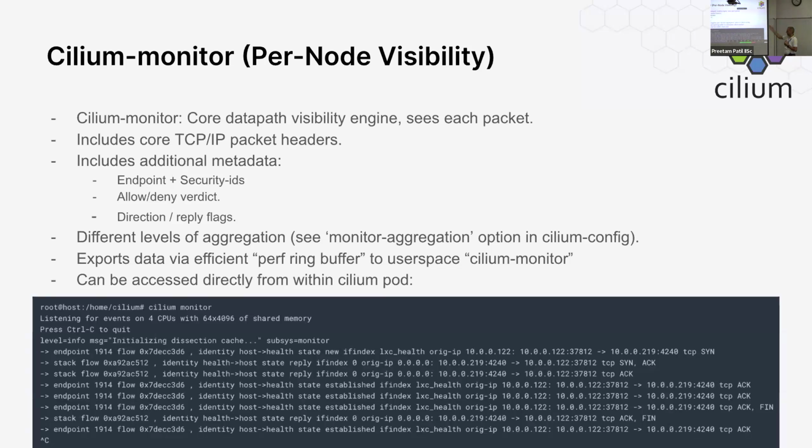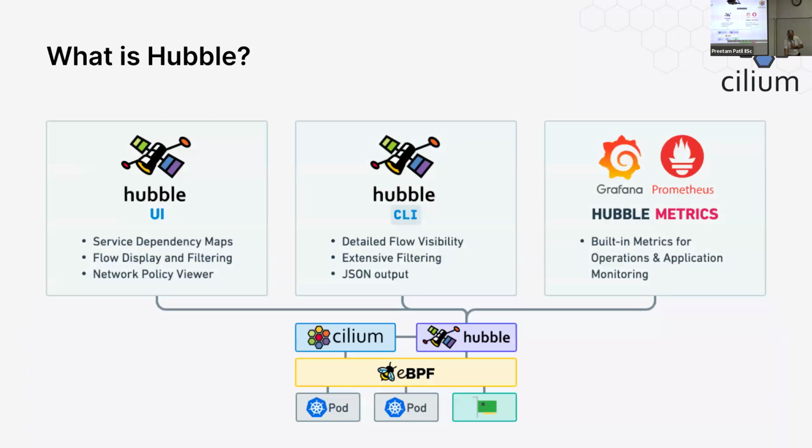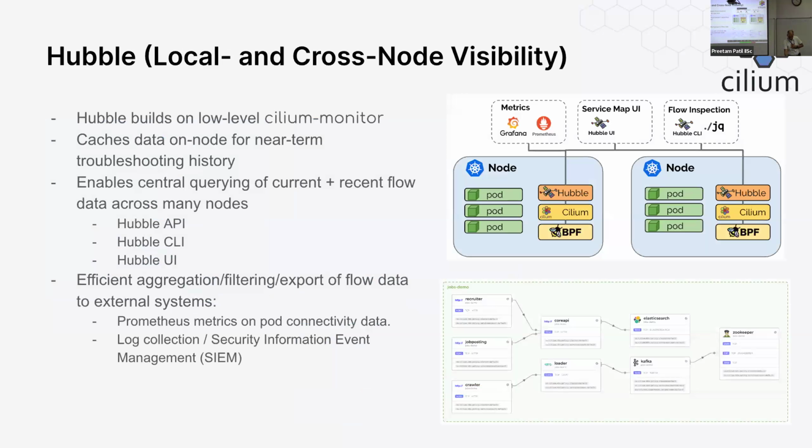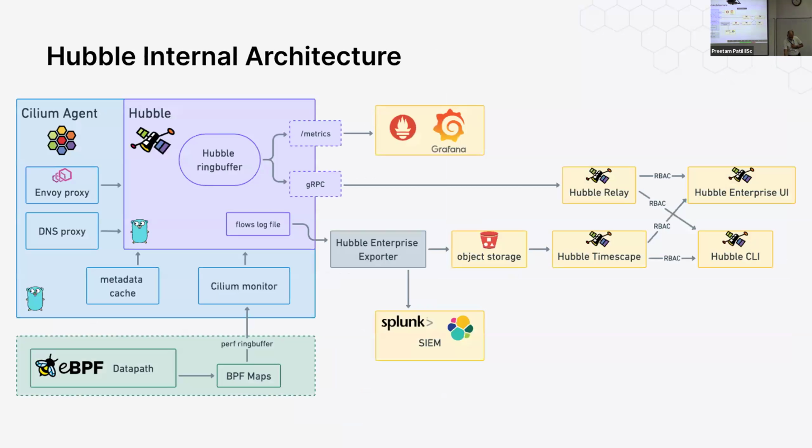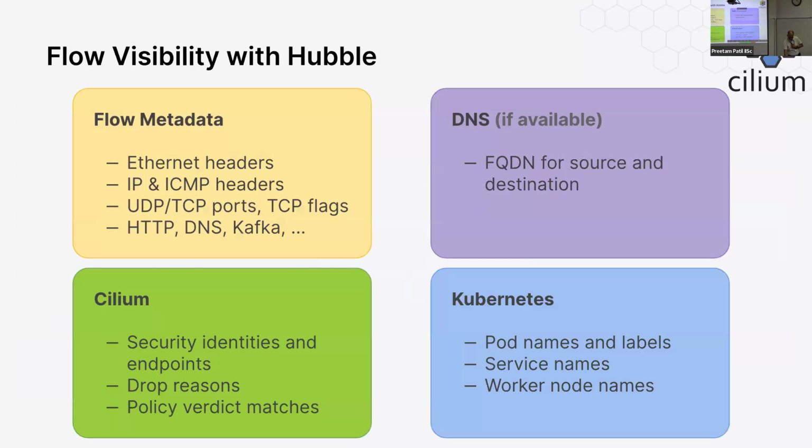You can look at those packets either on the CLI, or you can expose that on a user interface as well. That's Hubble. The Hubble CLI is where you can do that on the command line, and you have the Hubble UI, and you can also expose the metrics achieved from Hubble to either Grafana or Prometheus as well.